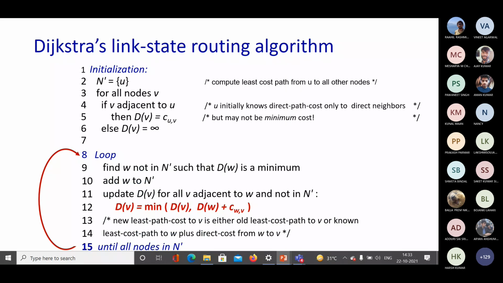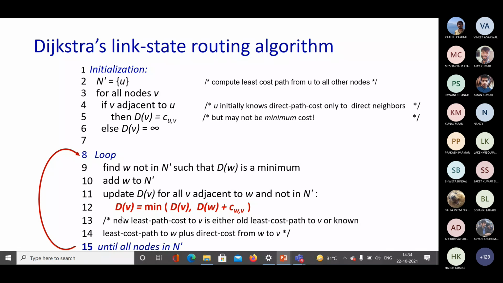So we do have a loop here because it is an iterative algorithm, as was already told. Okay, so then we find W, which is not in N', N' being this node U initially, such that the cost to W is minimum. Okay, once you visit that node, you simply add it to N' so that you don't visit it again, and then you update the cost from U to the node V.